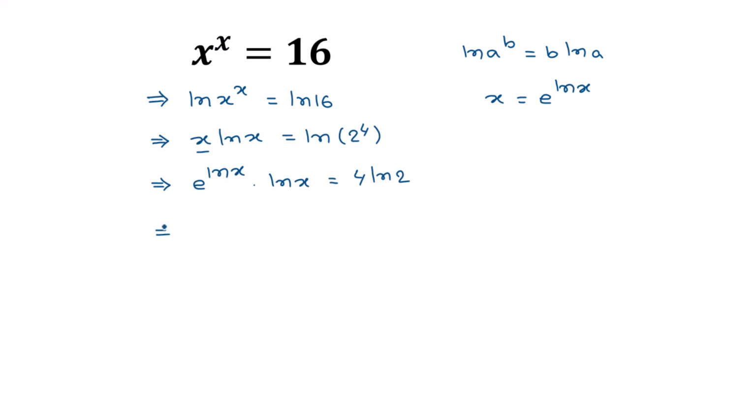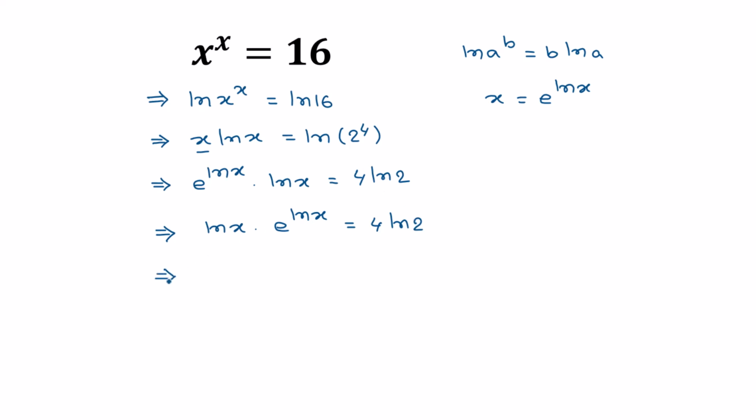Rearranging the left side, we can write this term first: ln of x times e to the power of ln of x is equal to the right side, 4 times ln of 2.